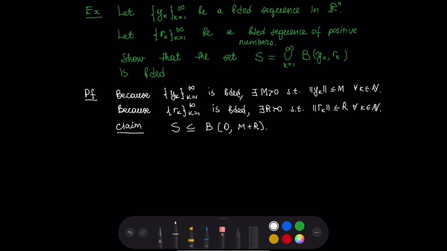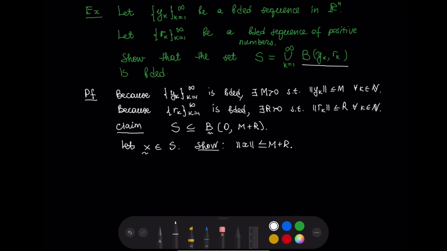In order to show this, we need to take a point x in the set S, and we are going to have to show that x is in this ball B centered at 0 of radius M plus R. So all we need to show is that the norm of x is less than or equal to M plus R. Now, S is a union of all of these balls, right?